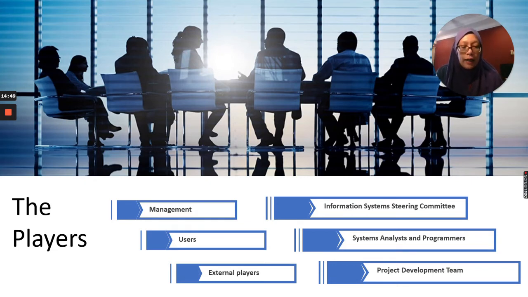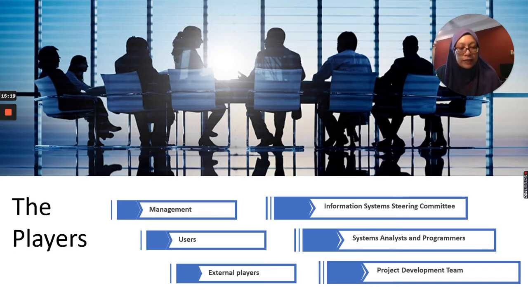Other important players in system development, of course, are the system analysts and programmers. The analysts play an important role in system development, as they help to determine the information needs. During the system analysis, the analyst will study the current system and then design the new one.